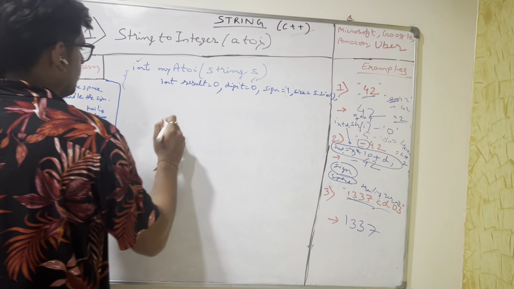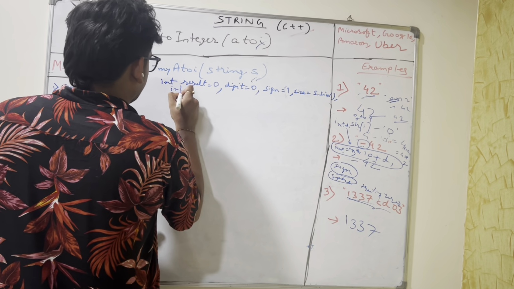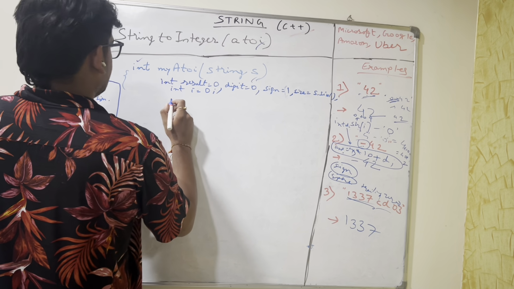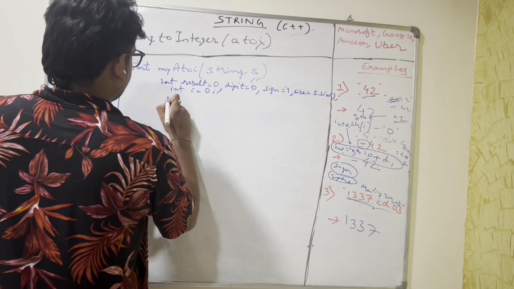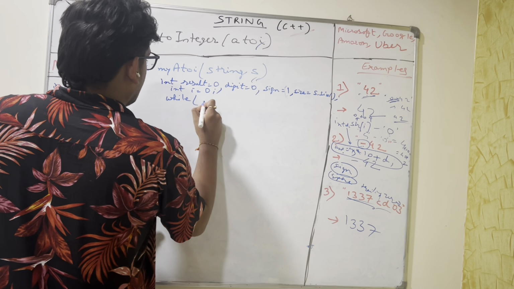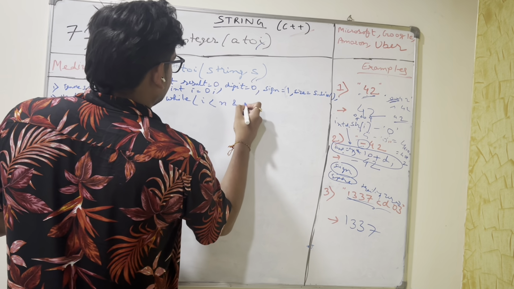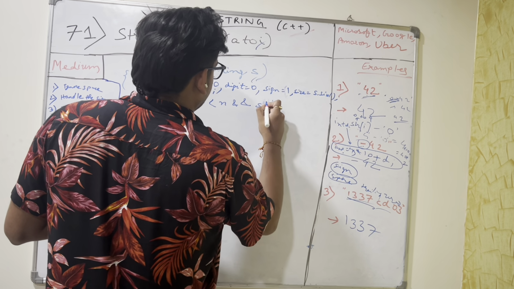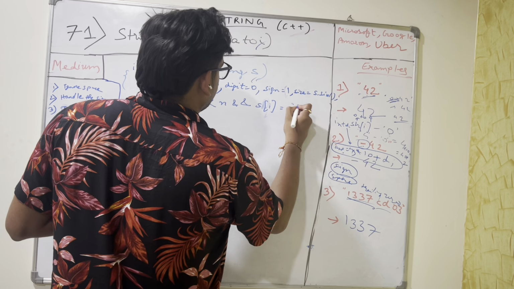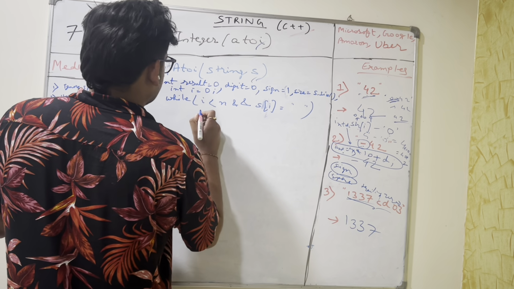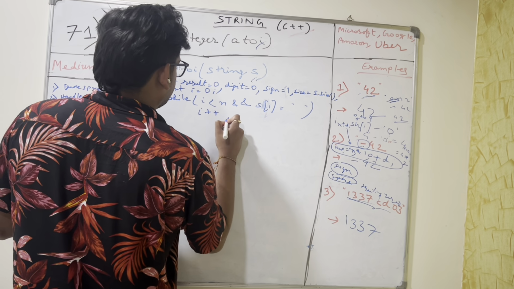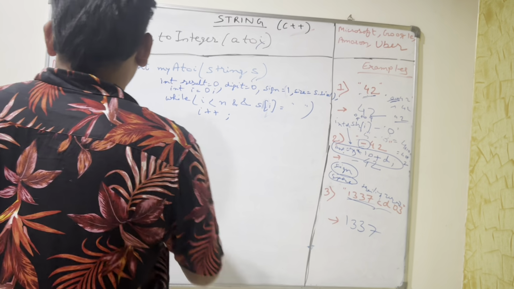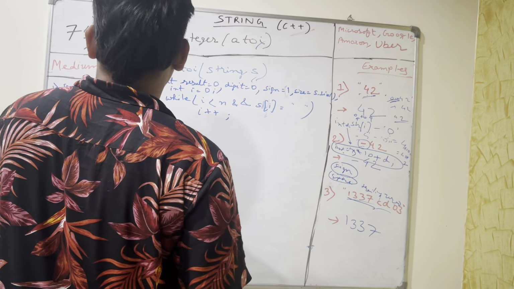So now we'll ignore the spaces, and we'll take int i equal to 0, traversing it. So first we'll handle, while i is less than n, and if s[i] is a space, then keep on doing i++, because we don't want space in the beginning. So first case is handled, then we will handle the sign case.